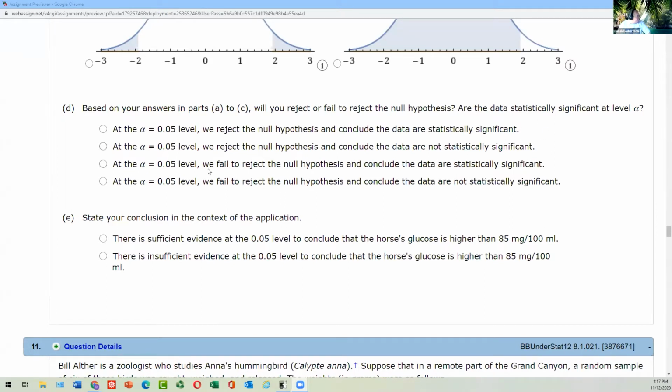Well, it's statistically significant, and when it's statistically significant, you use that sentence there. You reject the null hypothesis. Basically you say mu equals 85 is wrong, the other one is right. So our first start to finish today was question 10.